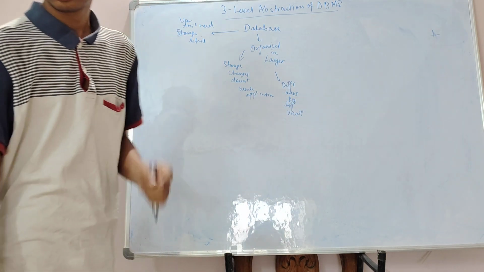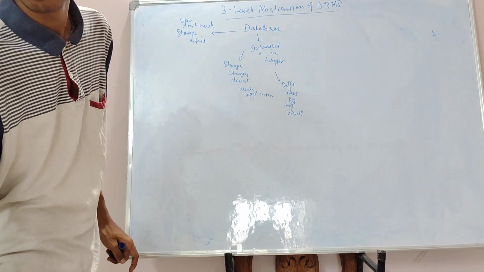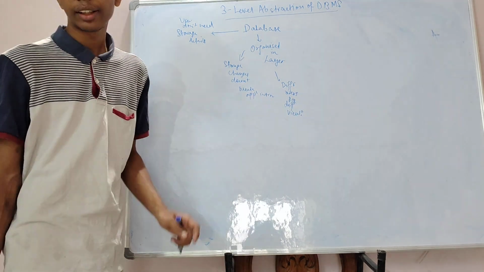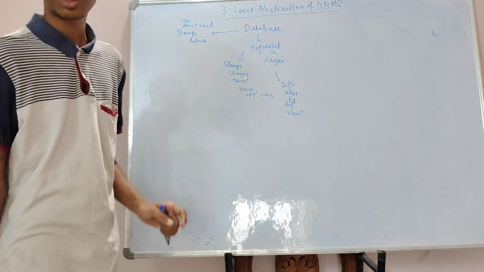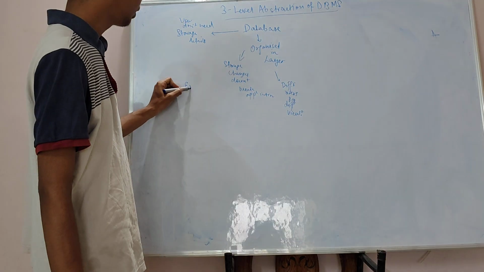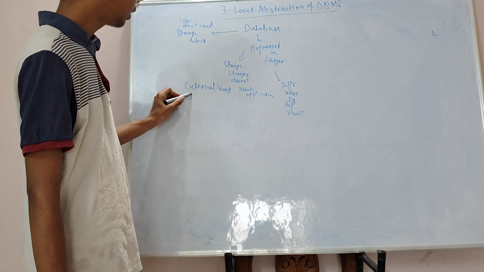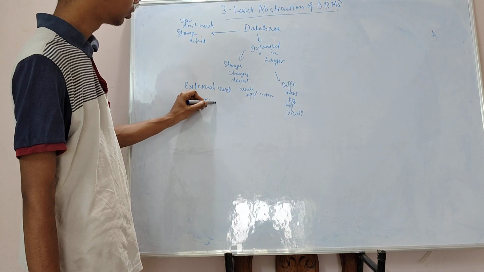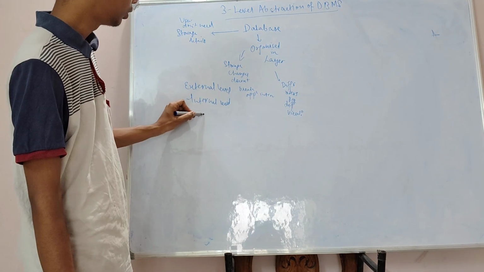Now, this is called the ANSI-SPARC three-level architecture. The core idea is that a database is divided into three levels: external level, internal level, and conceptual level.